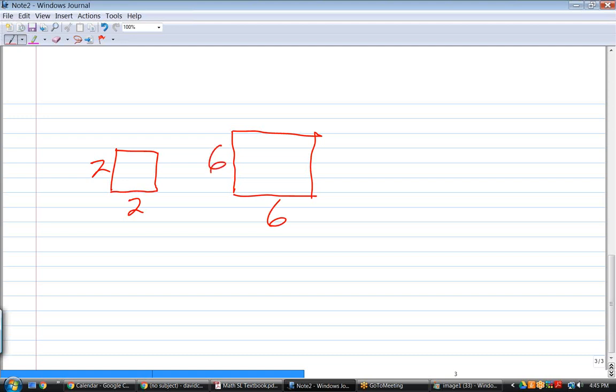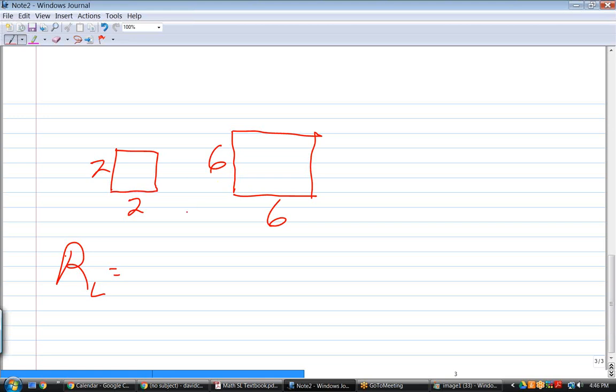What's the similarity ratio? Or what they would call R sub L. What they're calling R sub L means the linear ratio. What is it here? 1 to 3.